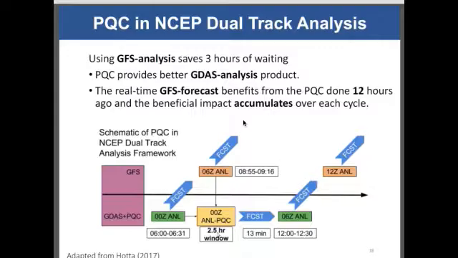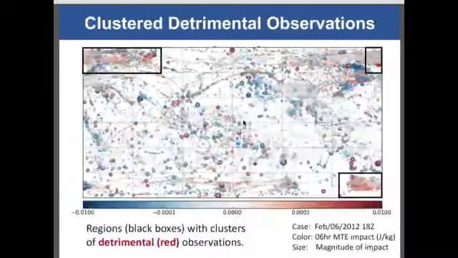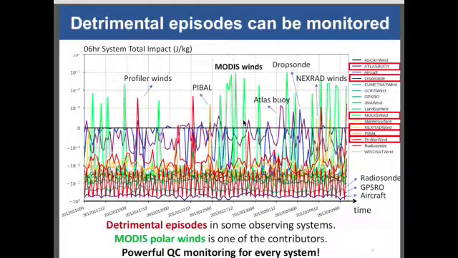I thought maybe you could point out that even if you don't use it for anything else, if you have a new observing system, you can compute, like this shows, a day-to-day ability to see what each observation is doing and whether it's bad.